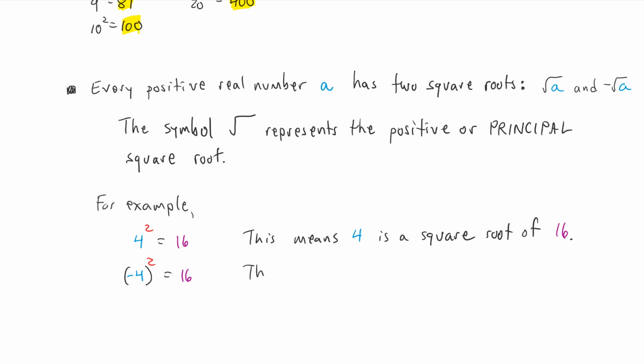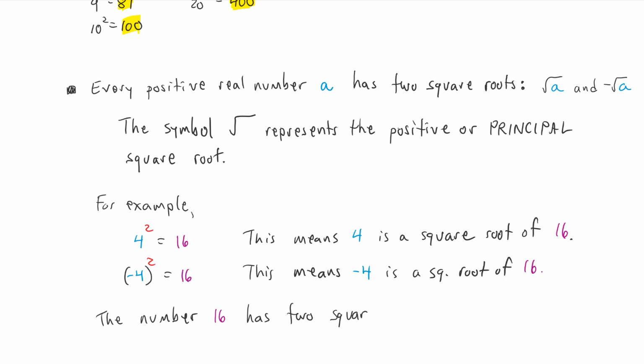So this means negative 4, or the opposite of 4, is a square root of 16. So the number 16 has two square roots.